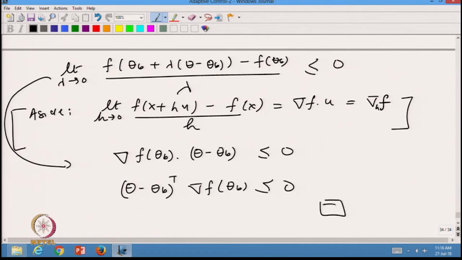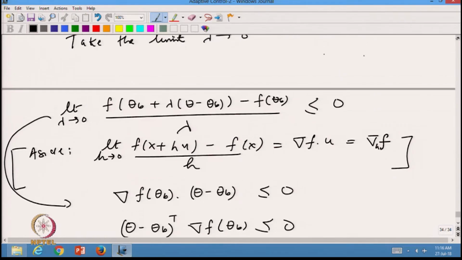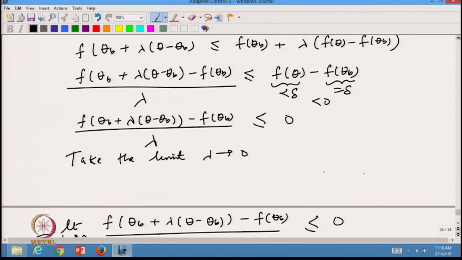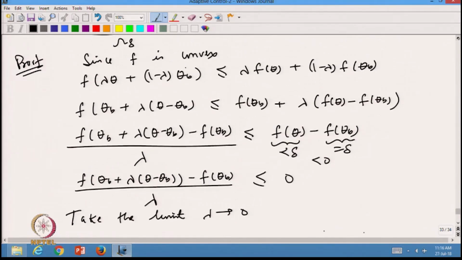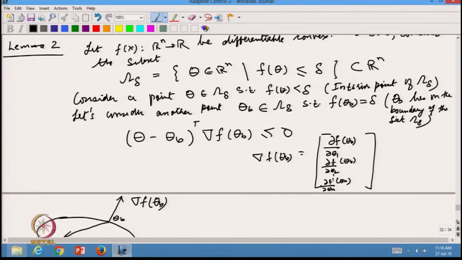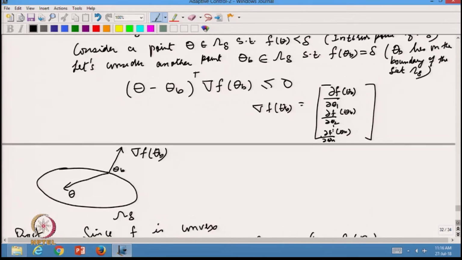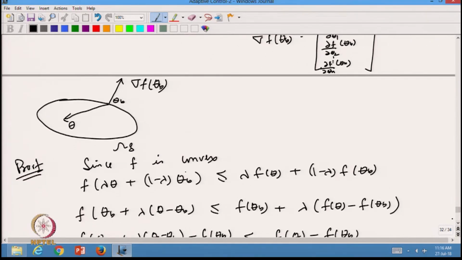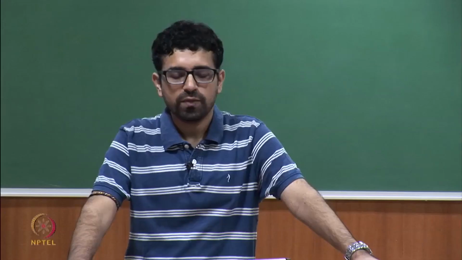Which is what we had set out to prove: that this vector dotted with the gradient, or the normal to the level curve, is always going to be less than or equal to 0. So that's where this convexity property comes into play, and we'll see how this lemma will help us in proving the stability in the case we have a projection modification.